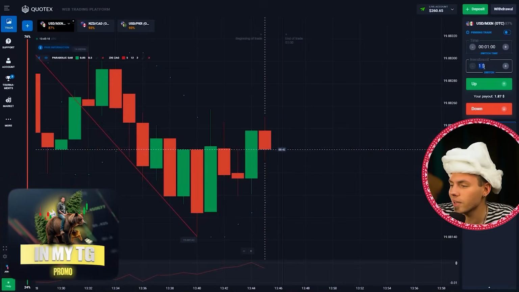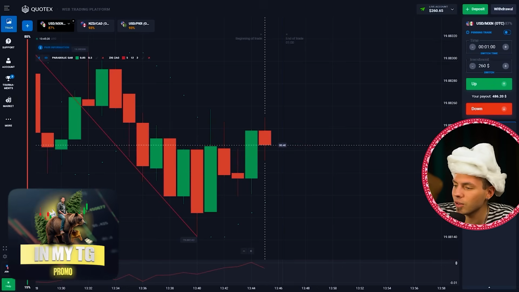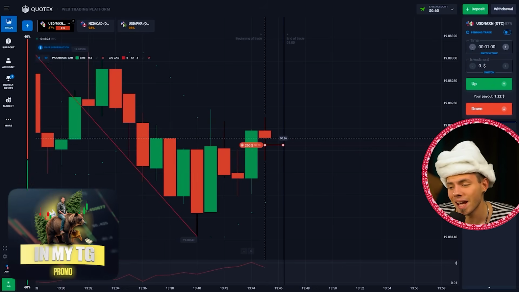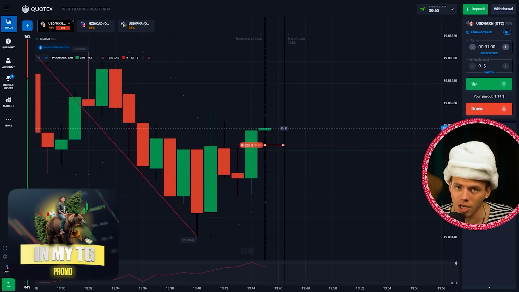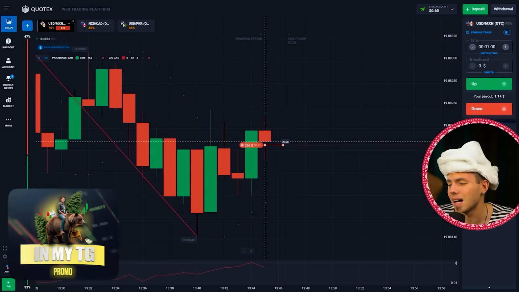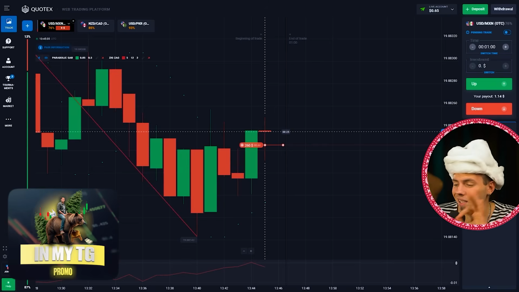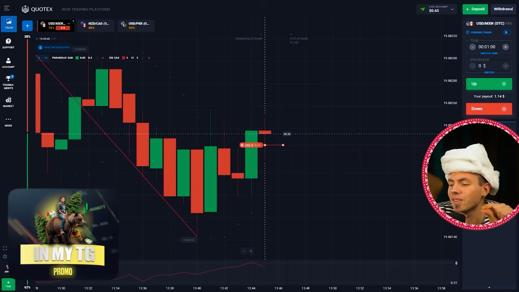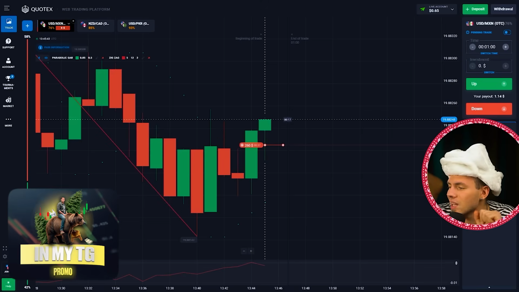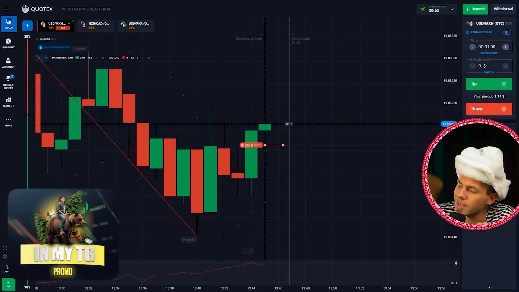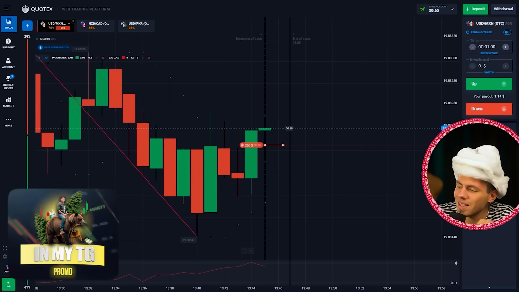Okay, we are moving on to the next trading pair. Let's set the amount to $160, and I'm opening a sell trade. We have a pretty obvious situation here. We have very strong resistance, but it is not one specific level, it is a resistance range, between 19.88220 and 19.88260.